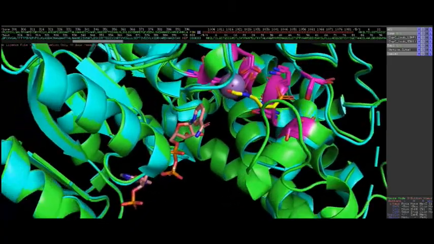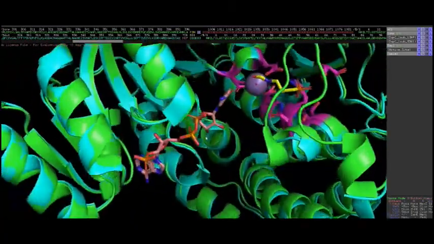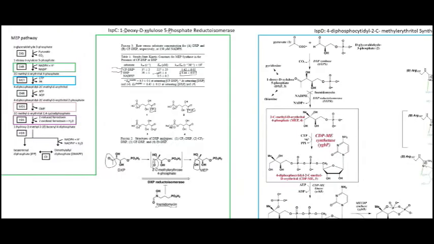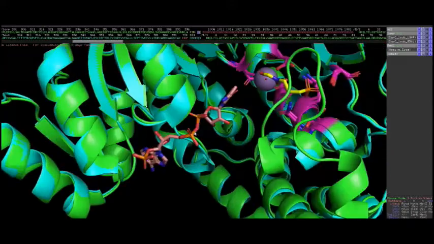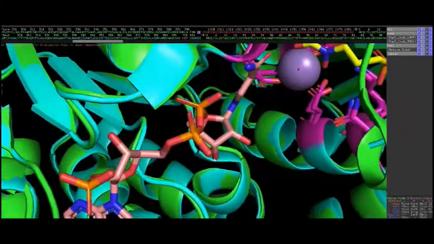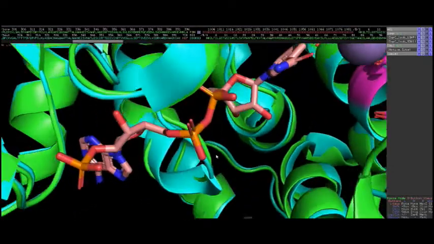Down here we have an NADPH, which is required for this reduction. I don't have it written on here anywhere, but the NADPH is where the electrons are actually coming from, and NADPH is very similar to nicotinamide adenine dinucleotide.